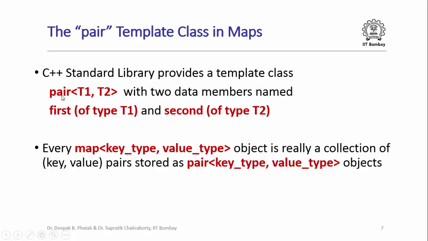So this pair template class will be instantiated with the key type and value type, which is the same key type and value type that you use to instantiate the map class, and every key value pair that is stored in a map object is really an object of the class pair instantiated with key type and value type. So this is why you see that it's important to understand the pair class when you're talking about the map class.